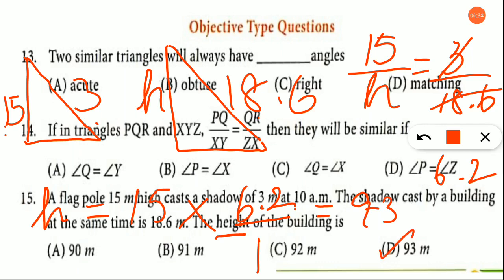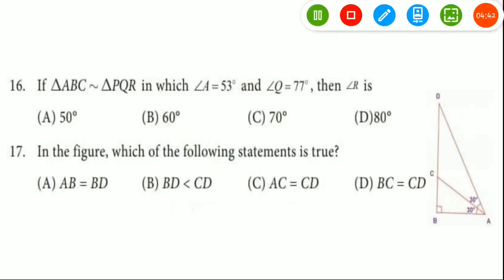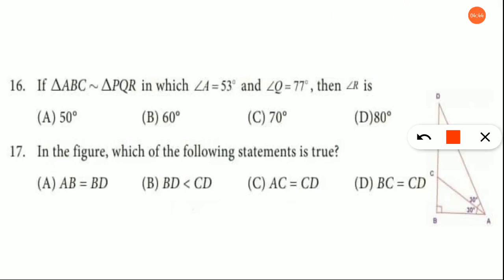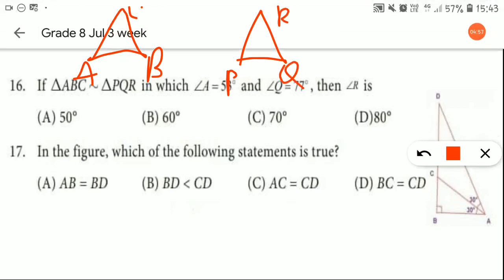Clear children? Now look at the 16th sum. If triangle ABC is similar to triangle PQR, in which angle A is 53 degrees and Q is 77 degrees, then angle R is dash. There is a triangle ABC, another triangle PQR.